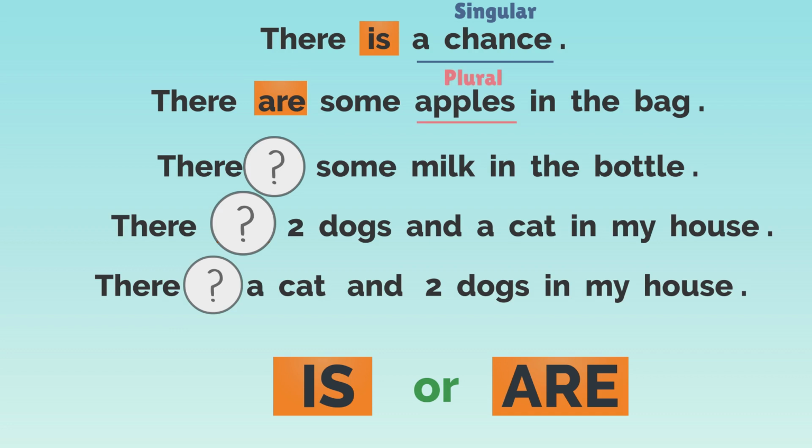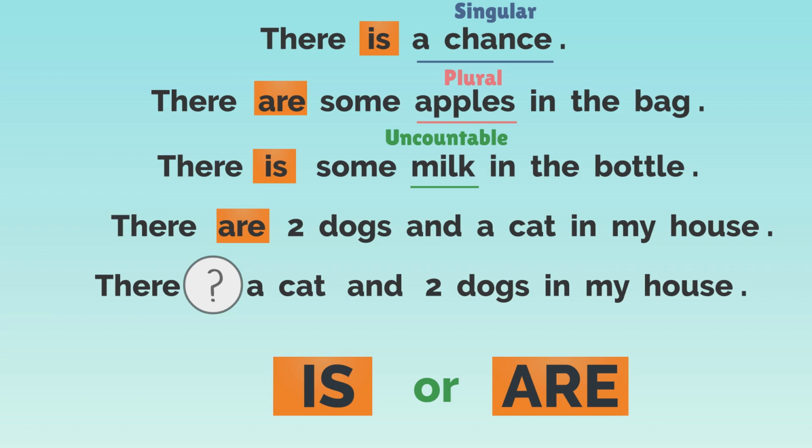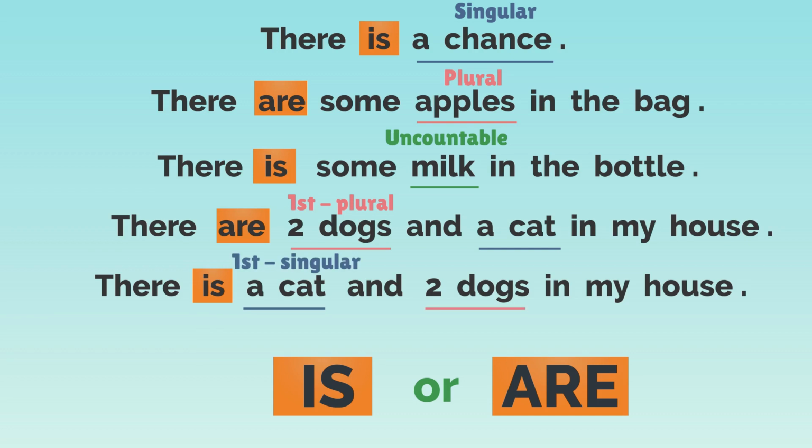There are some apples in the bag. There is some milk in the bottle. There are 2 dogs and a cat in my house. There is a cat and 2 dogs in my house.